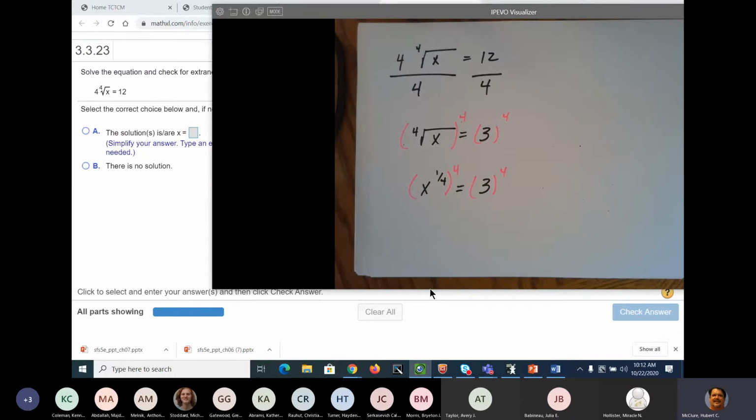What's 4 times 1/4? 1. Yep. So x to the 1st, which is x, is equal to 3 to the 4th. That's going to be what, 81? Somebody check my math. I got 81 too, but I did it in my head.